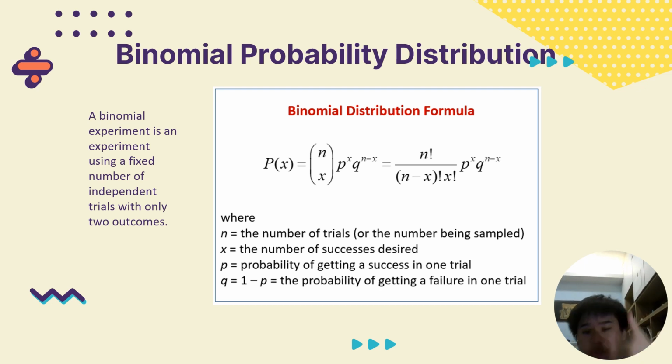For example, a coin flip can only be heads or tails. This is the equation right here. N is the number of trials, X is the number of successes, P is the probability of getting a success in one trial, and Q is the probability of getting a failure in one trial.